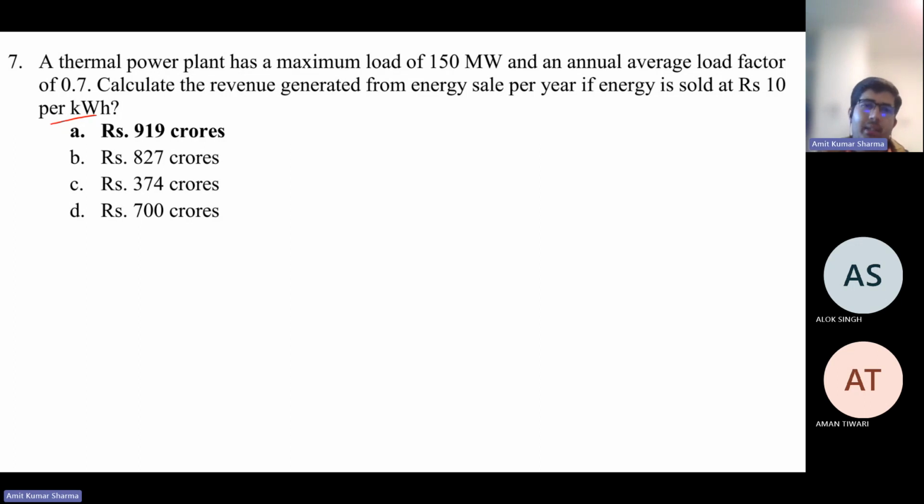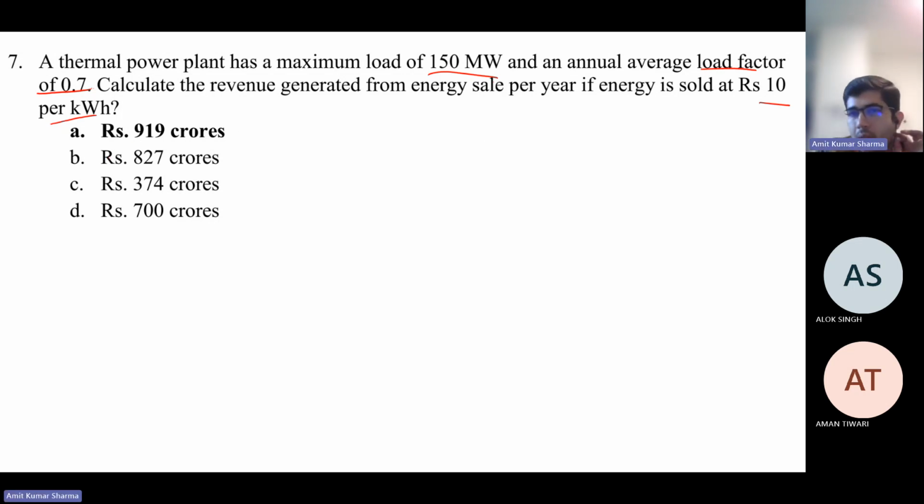So we are given a maximum load. First of all, you have to look into this and the annual average load factor. You are given the energy sale per year if energy is sold at 10 per kWh.